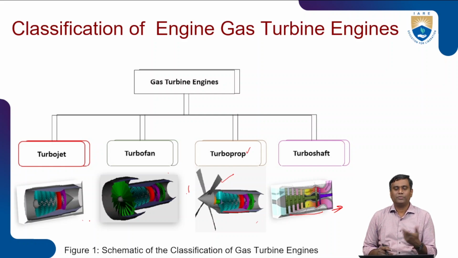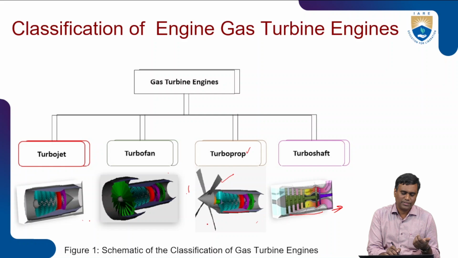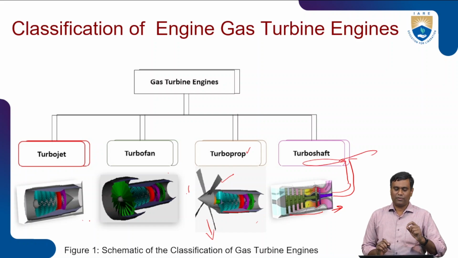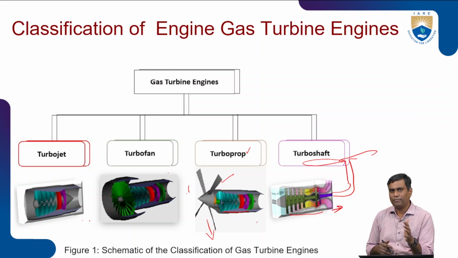Because the performance of these blades, this propeller, rotates in a vertical plane, whereas in a turboshaft, that is rotorcraft helicopter blades, it rotates in a horizontal plane. The aerodynamic performance of both blades, either in the vertical plane or horizontal plane, of turboprop or turboshaft, will be limited by the speed.